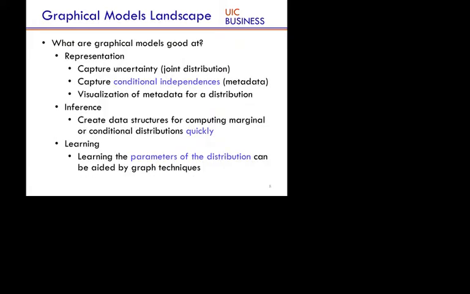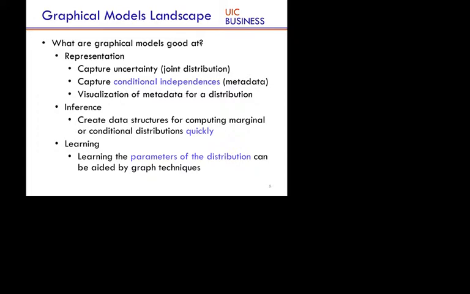So what are graphical models actually good at? There are 3 aspects to this problem. One is representation. The reason we want to use graphs to represent joint distributions or density functions is because graphs help us capture which random variable is interacting with which other random variable.